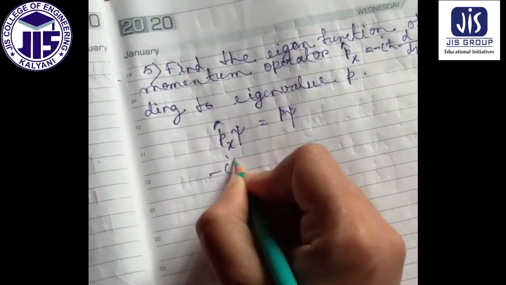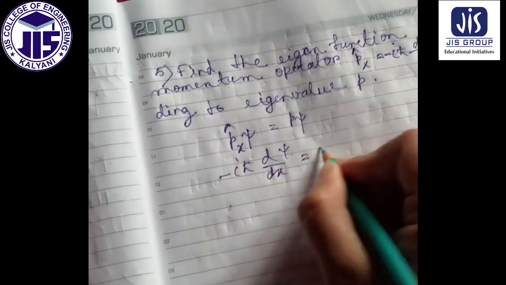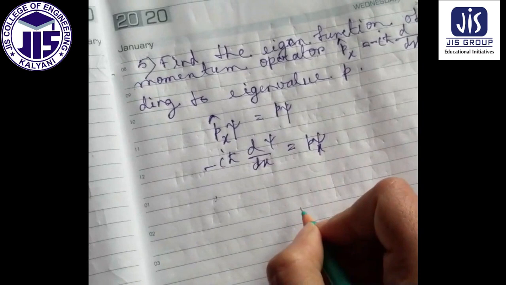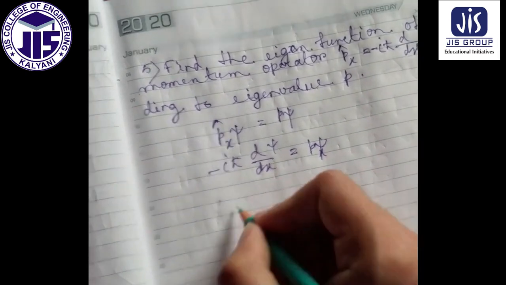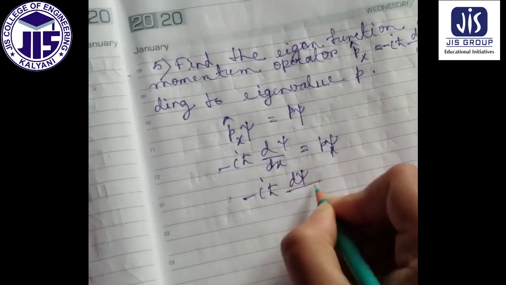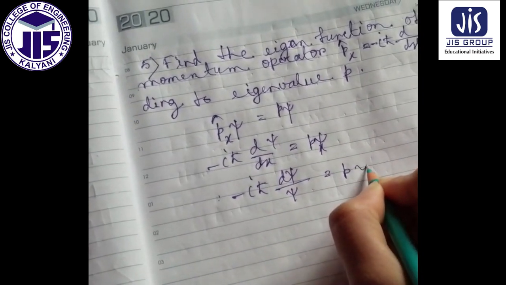Now minus iħ d/dx of ψ is equal to pψ. So minus iħ dψ by ψ equal to p dx.